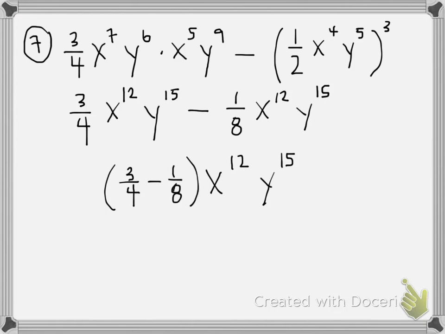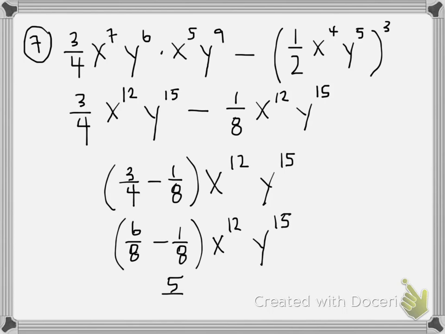To do that, we have to get a common denominator. So our common denominator is 8. So this is going to be a 6/8 minus a 1/8. And remember, we don't touch those two. So this is going to be a 5/8 x to the 12th, y to the 15th power.